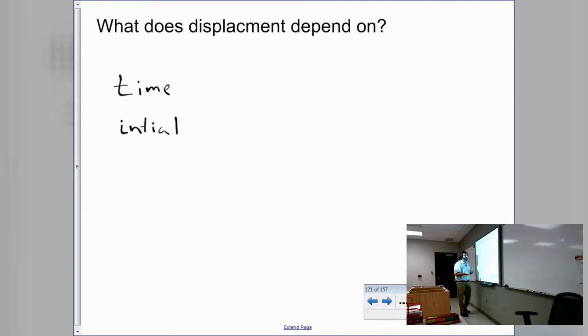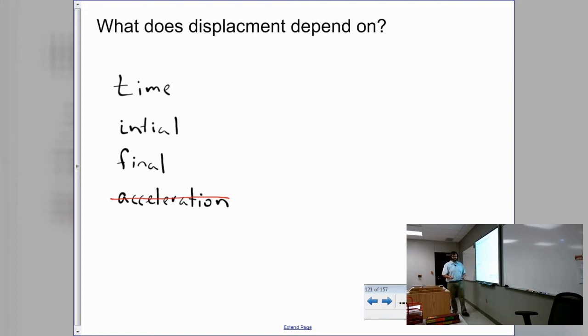Did it start from 0 or not? It might have had an initial velocity. We would also want to know its final velocity, and if possible, the object's acceleration. If we knew those pieces of information, we could definitely solve for how far the object moved. But let's say we don't have the object's acceleration. Can we still solve it?